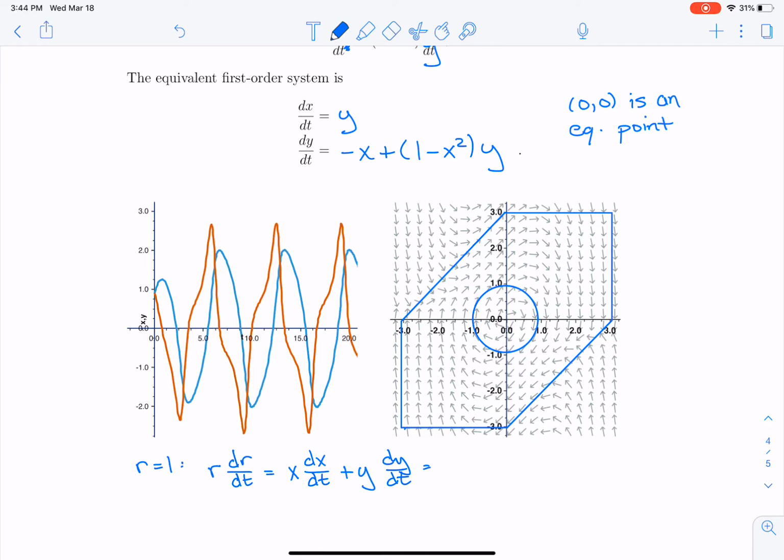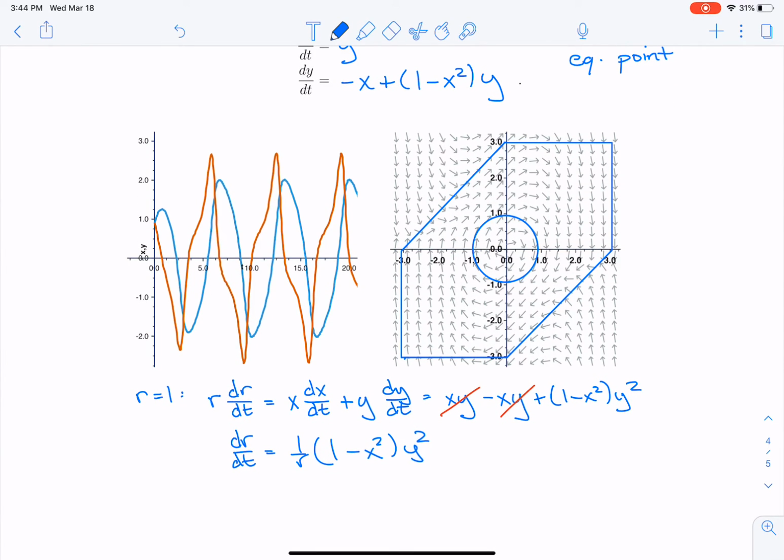So that's going to give me x times y, and then minus x times y plus (1 minus x squared) times y squared. You'll see that x times y and minus x times y cancel. So I'm left with dr/dt equal to 1/r times (1 minus x squared) times y squared.